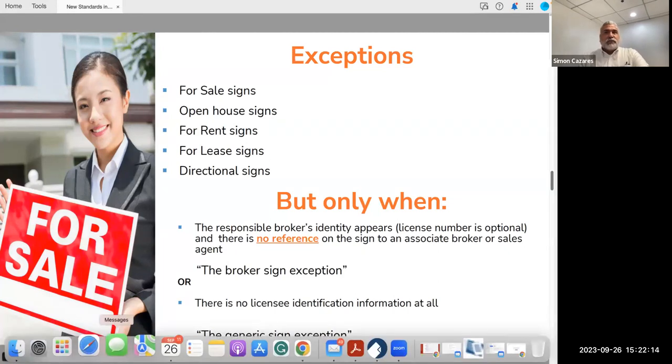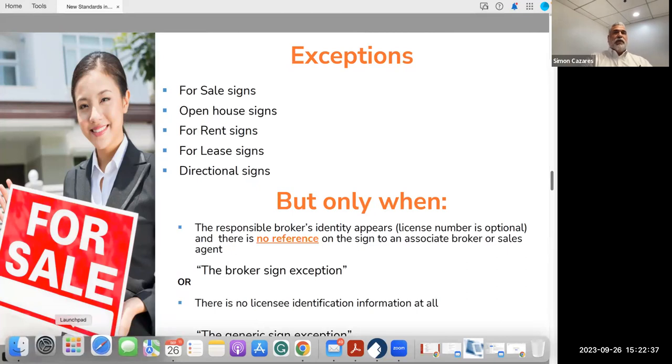So here's the pros and cons, and here's my way of seeing things. I'm going to play devil's advocate here, but I'm also going to talk about the black and white of compliance, and then what I call the spirit of compliance, meaning that it's not necessarily all that it is with the Department of Real Estate.